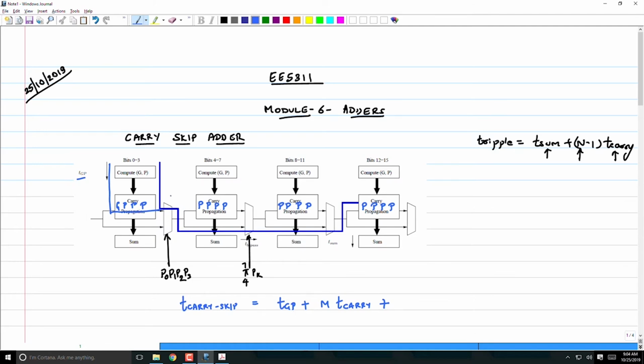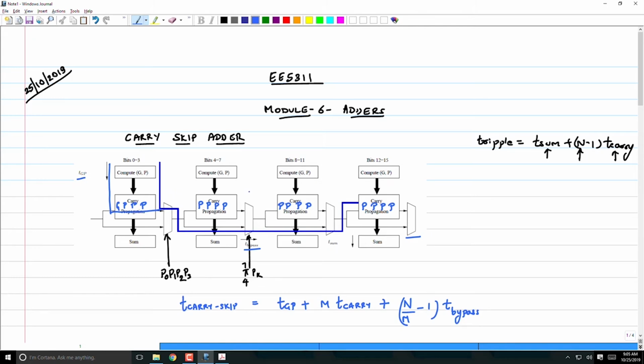So if the multiplexer delay is shown here as T bypass, then you have to do n by m minus 1 T bypass. Why n by m minus 1? Because if this stage also is going to bypass, then the carry will be ready. However, that does not mean that the sum is ready. Ultimately, we want all the sum bits and the carry out bit to be ready. Only then our computation is done. So therefore, the last stage cannot be in bypass mode.